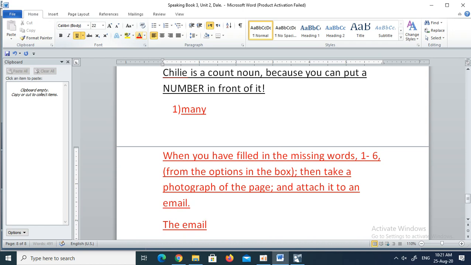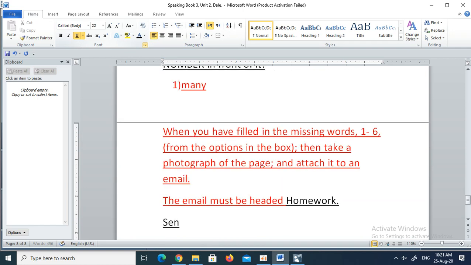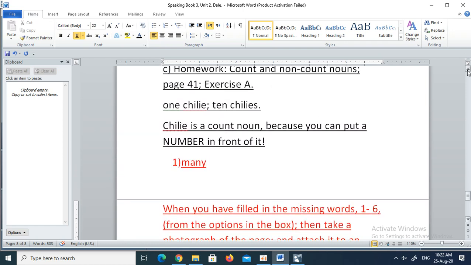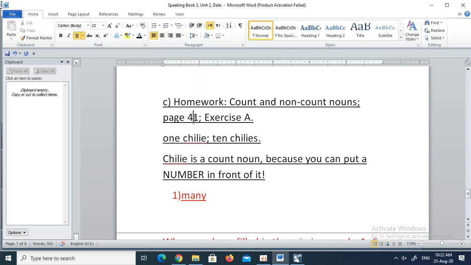The email must be headed homework. Send that email to your speaking teacher. Okay, so very simple. That is our homework. It is page 41, exercise A.